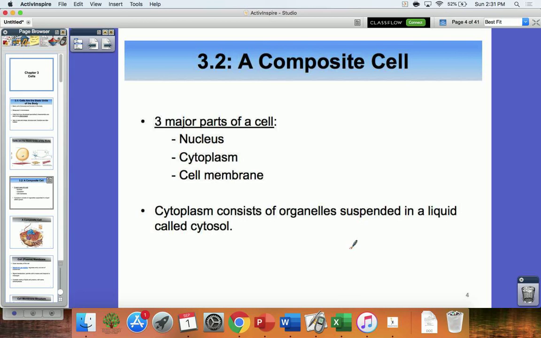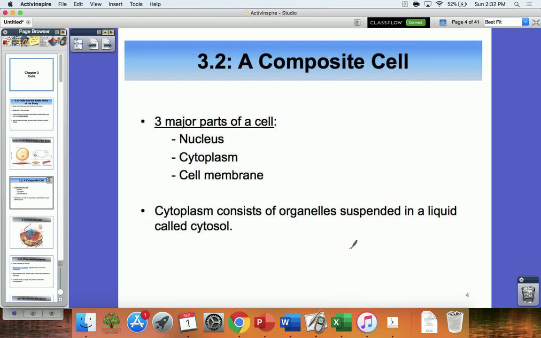The cytoplasm, usually people think of it as just being that fluid that all the organelles are in, but the cytoplasm is actually the fluid plus the organelles. If we're just talking about the fluid or the liquid, that's going to be the cytosol. But if you include the organelles, now we have the cytoplasm.